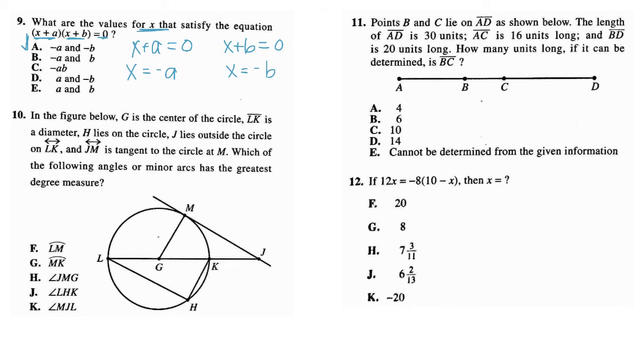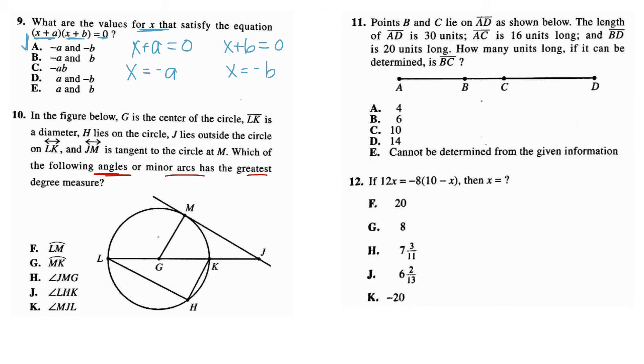Okay, and then our next question, number 10, and students usually get really bogged down with these types of problems, and I understand. Whenever you read through the problem, you see that it's asking you to figure out which of the following angles or minor arcs has the greatest degree measure.